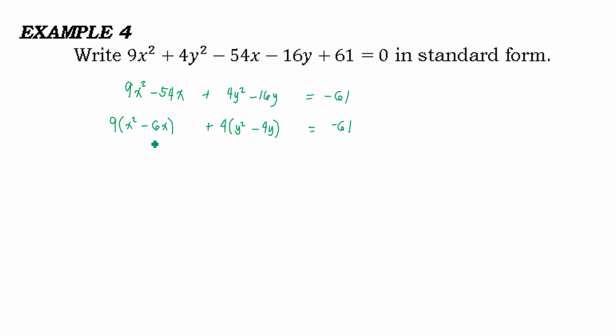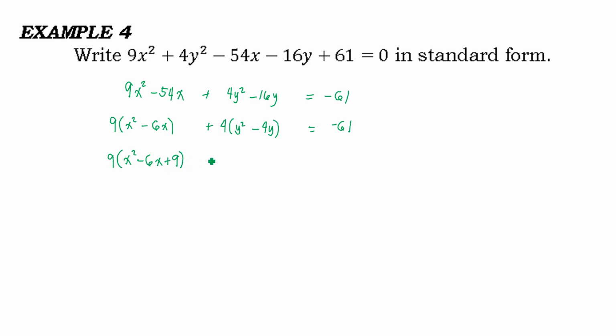Then, we have 9 times x squared minus 6x. Half of negative 6 is negative 3, and then negative 3 squared is 9. So, plus 9.